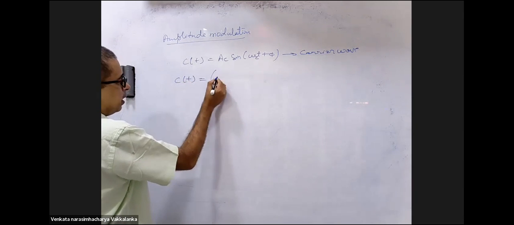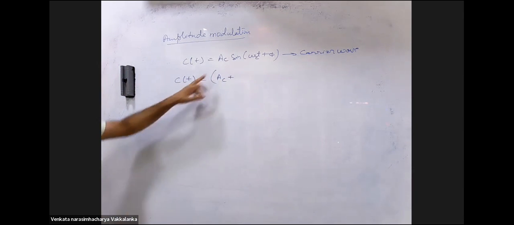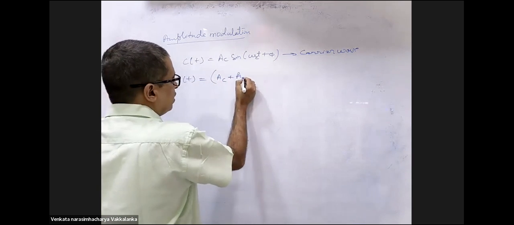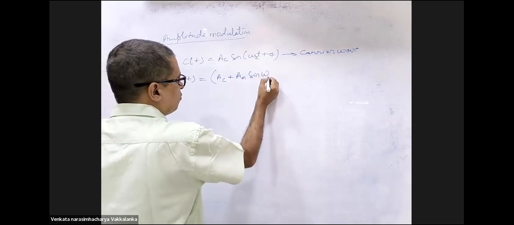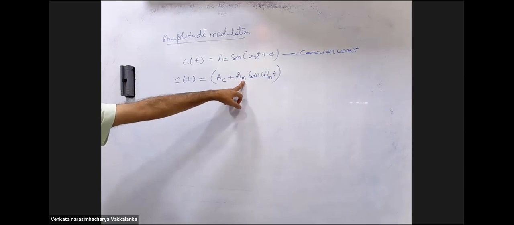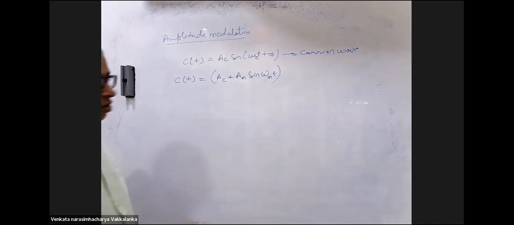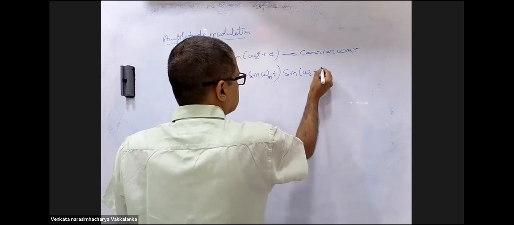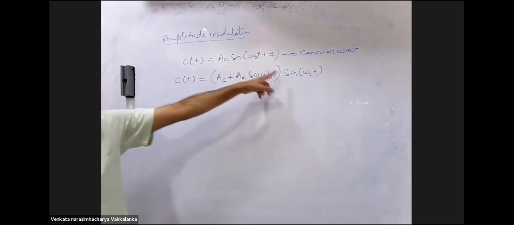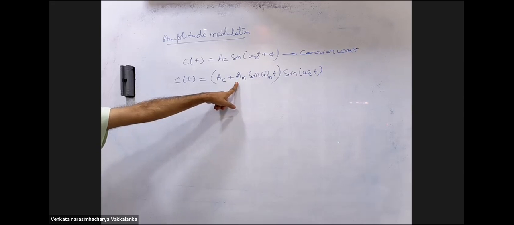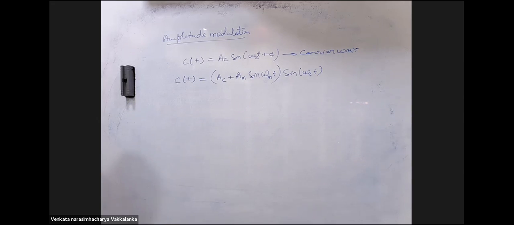This will be A_C plus, in the place of A_C, you will have A_m sine of omega_m t. This is the signal that you are transmitting, and this will be sine of omega_c t. The sine omega_c t I kept as it is. In the amplitude, you have kept the signal which you are supposed to send.